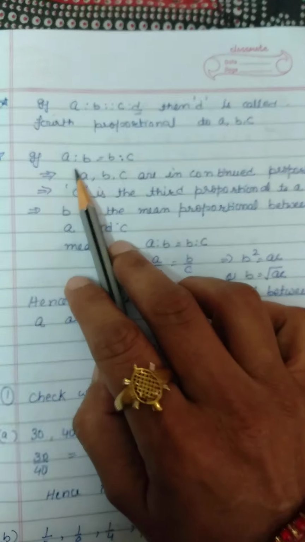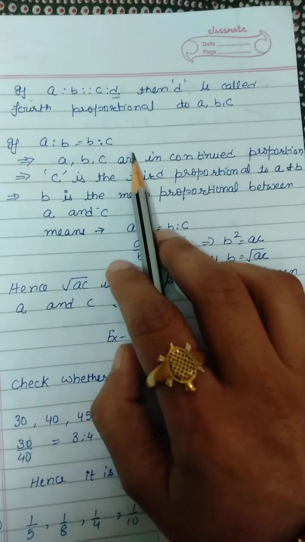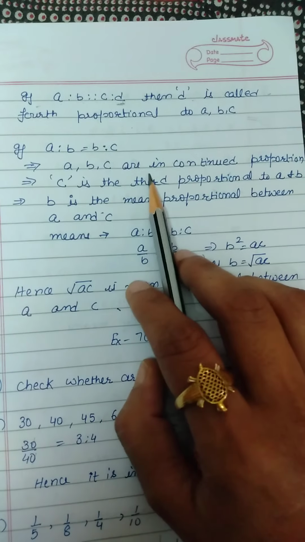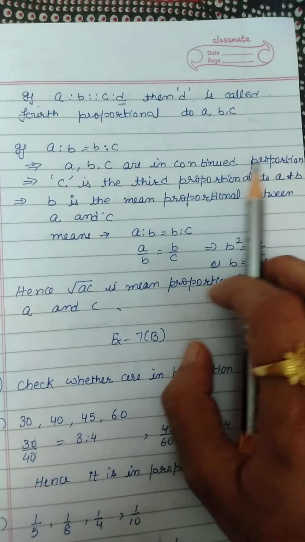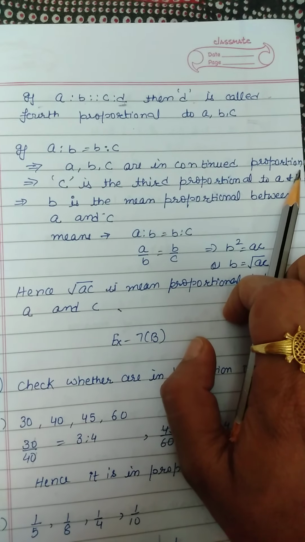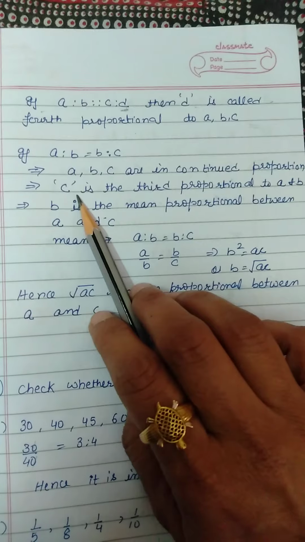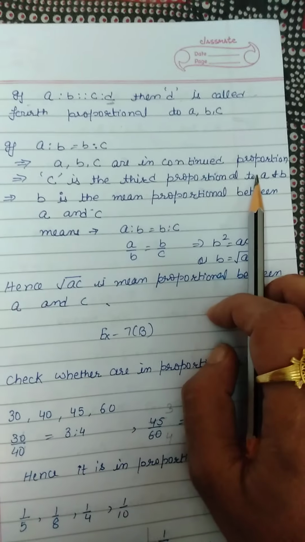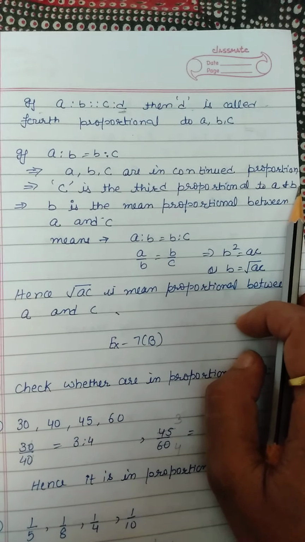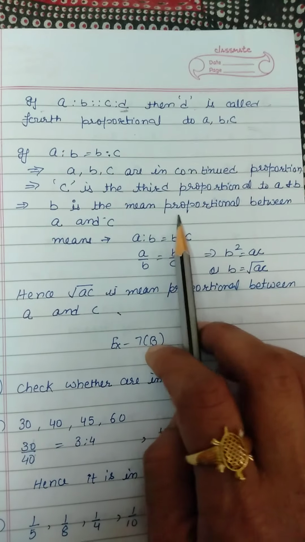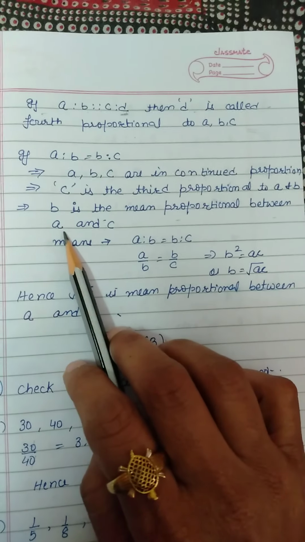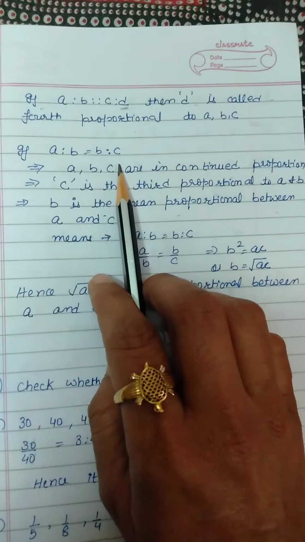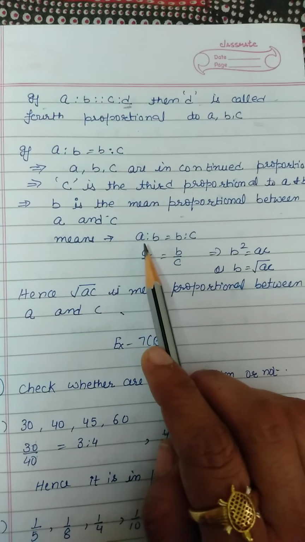If A/B is equal to B/C, A, B, C are in continued proportion. Fine. C is the third proportion to A and B. B is the mean proportion between A and C. So how do we write A/B?